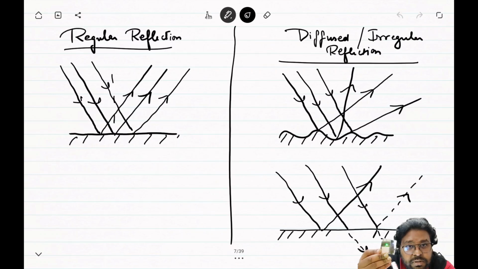But this is also a plane mirror, but I have taken out the polish from here. If I throw a light on it, some part of the light bounces back behind the mirror onto the wall.